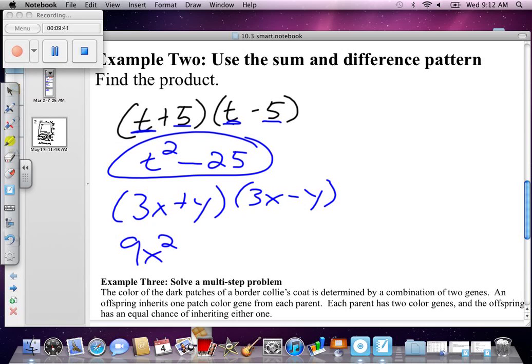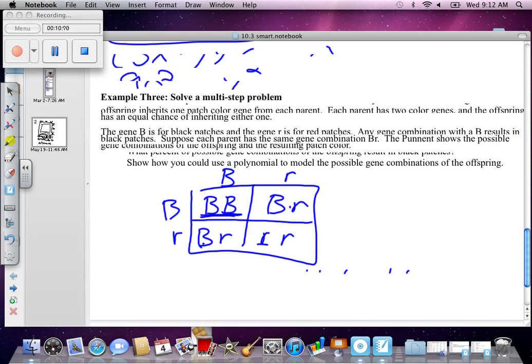How many x's are there? Okay, Justin. What do I write next? Minus, good. And what comes after the minus? Perfect. I really like this last one because it's so simple. You square the first one, square the last one, you're done.